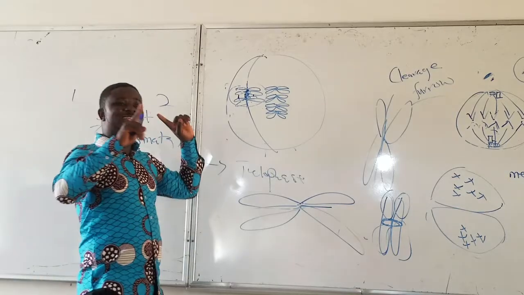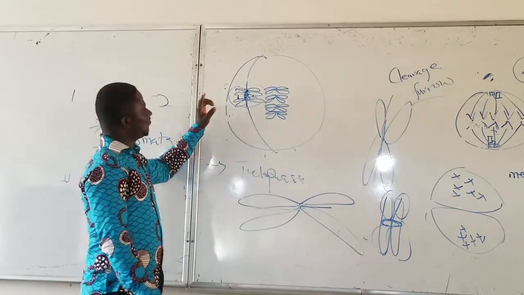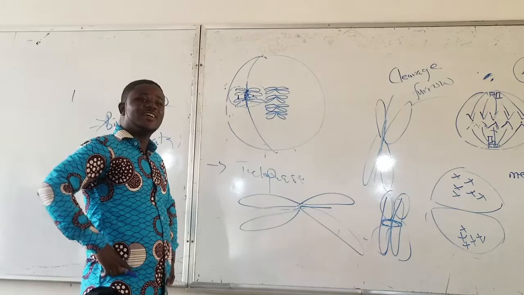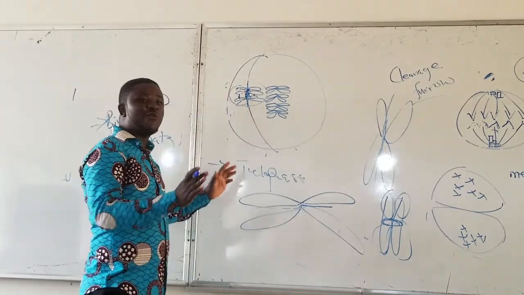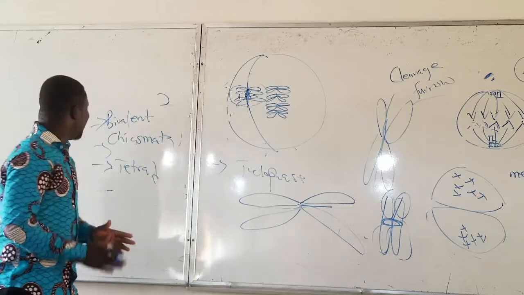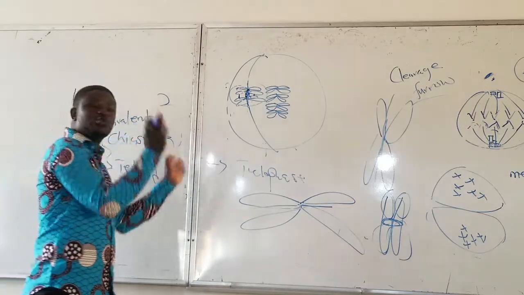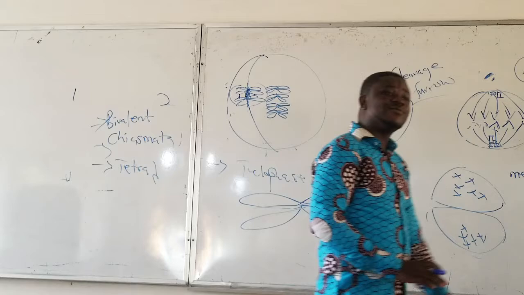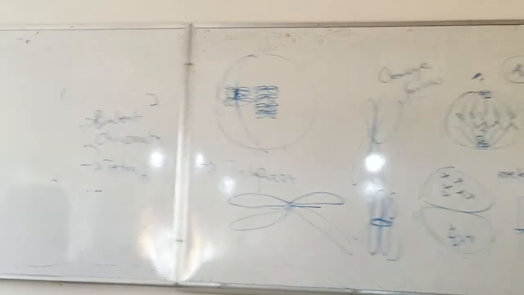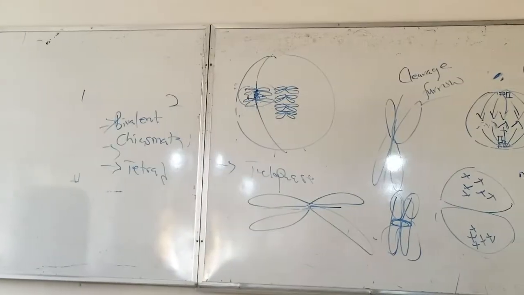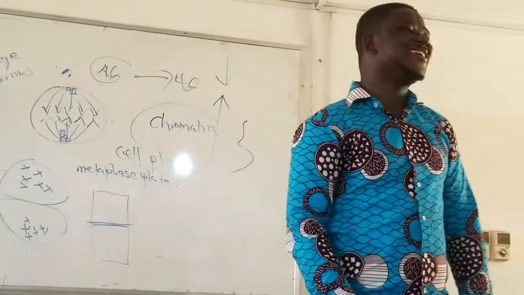So we said the chiasma is the point of intersection. And then when they meet, they will form a bivalent. And then what about the tetrad? That whole structure is called a tetrad. You can call it two homologous chromosomes or four.